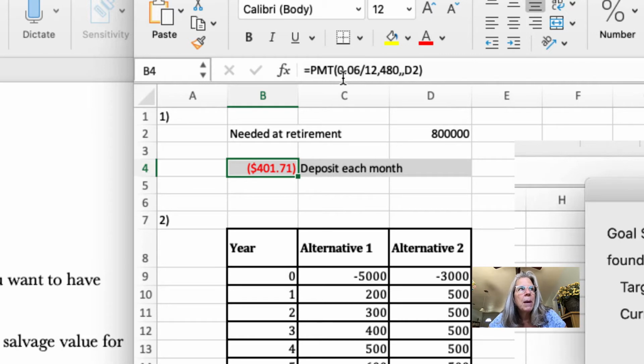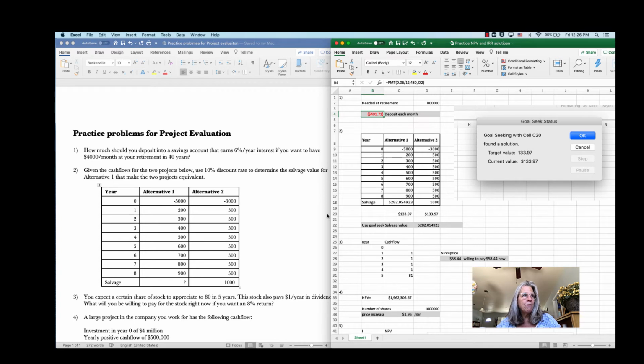I used the payment formula, took the interest rate and the number of periods, because it's 40 years, I took 480 months, and then the amount I need is this number, the $4 million. So the answer is I need to deposit $400 a month in my retirement account for 40 years in order to be able to draw $4,000 a month out of my retirement fund for my whole retirement period.